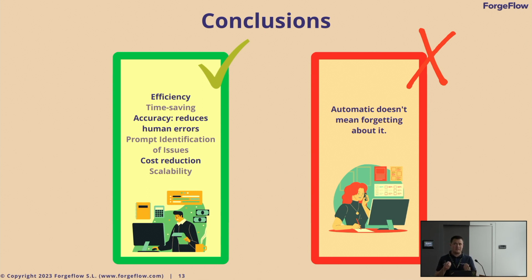As an issue to take into account when you use this kind of automation: automatic doesn't mean forgetting about it. Normally when we implement this, there are people working on that reconciliation, and once it's automated, people stop reviewing.